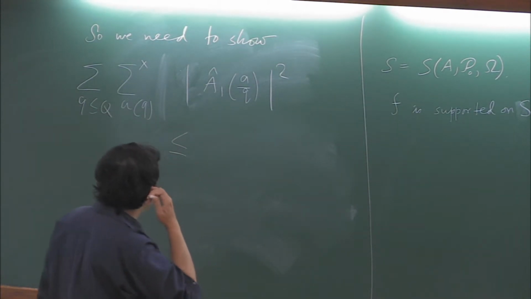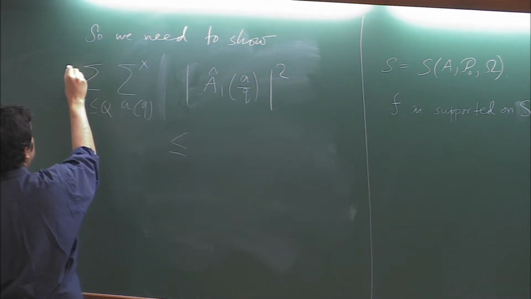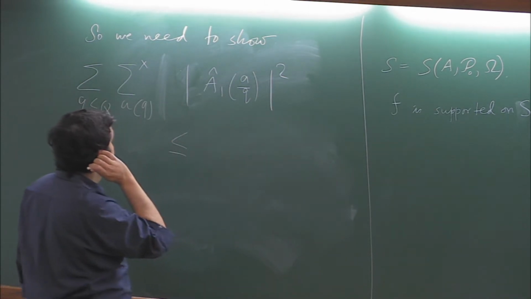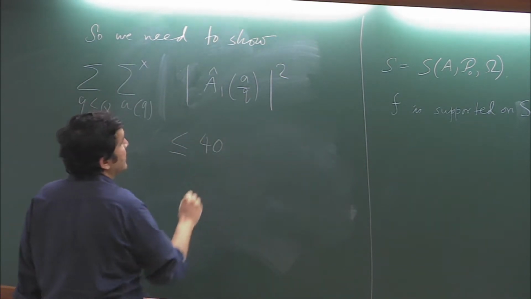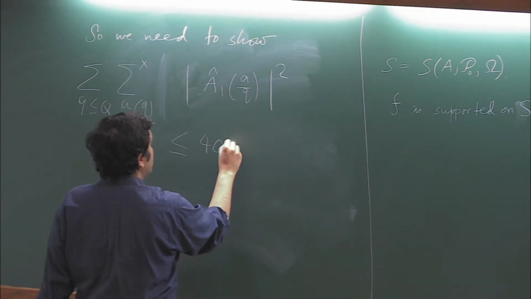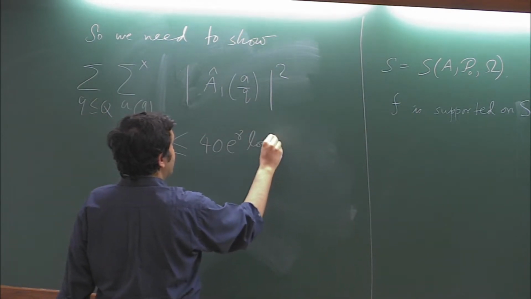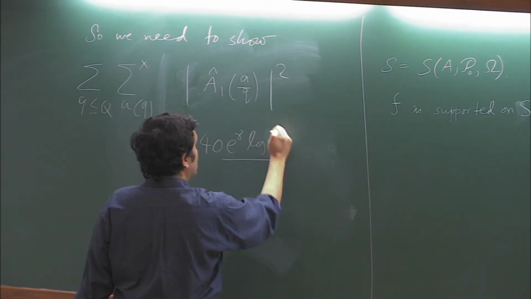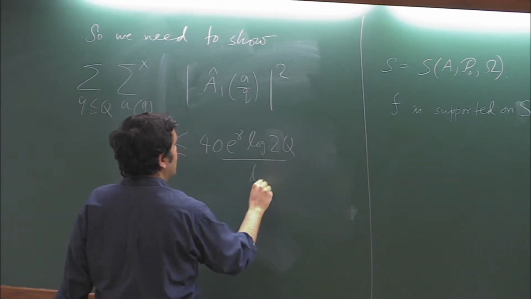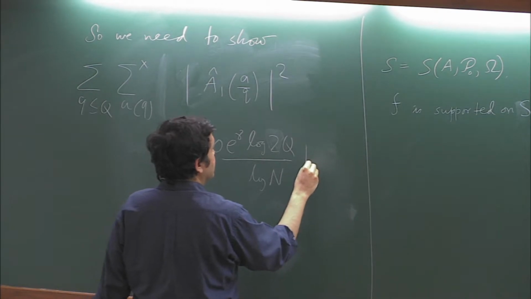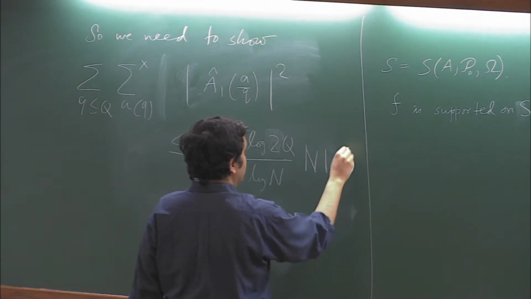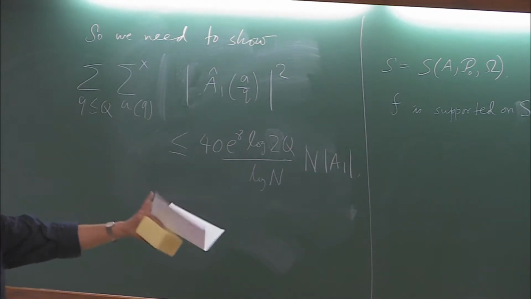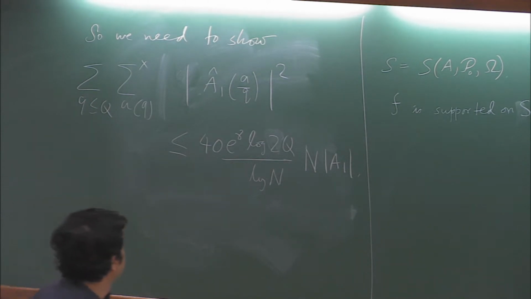Sorry, there is no square. 96 minus 16, so there is a twice there. So if I divide, it is 40 times e to the power gamma times log 2q by log n times n times the size of A1. If I can show this, then our proposition will be proved.